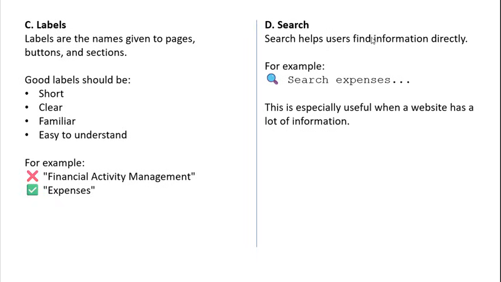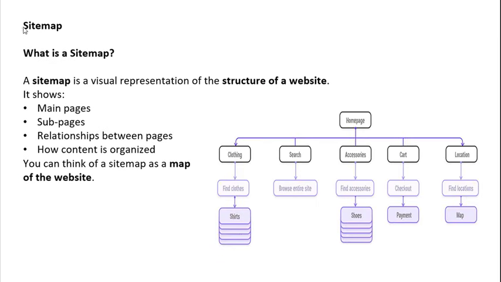Search helps the user find the information directly. For example, searching the expenses, which is especially useful when the website has a lot of information.